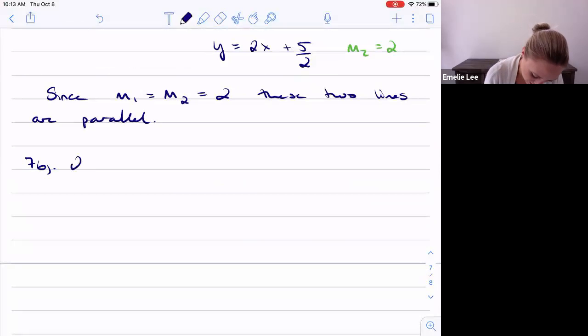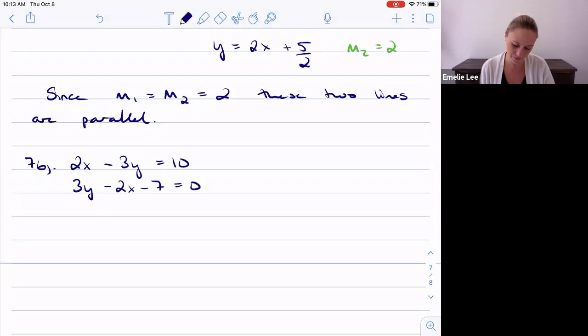We'll see. 2x minus 3y equals 10, and 3y minus 2x minus 7 equals 0. Okay. Neither of these are in slope-intercept form, so I'm going to need to solve for y in both of these scenarios.